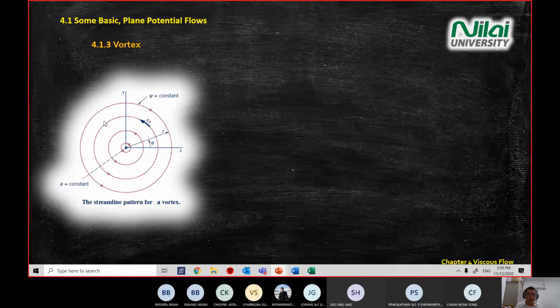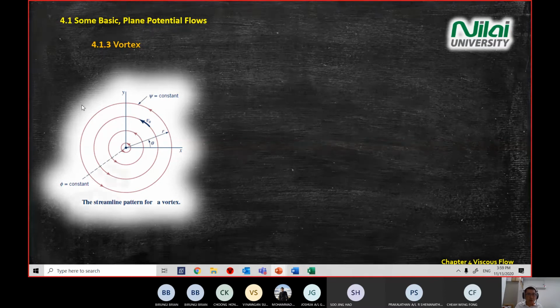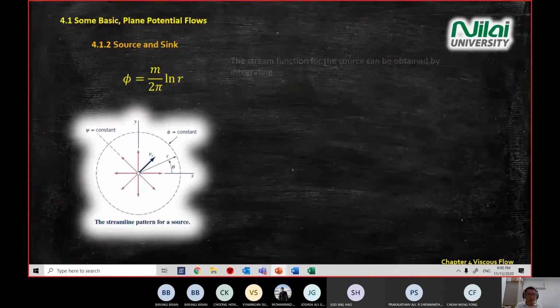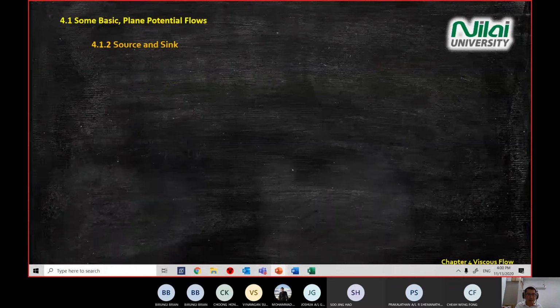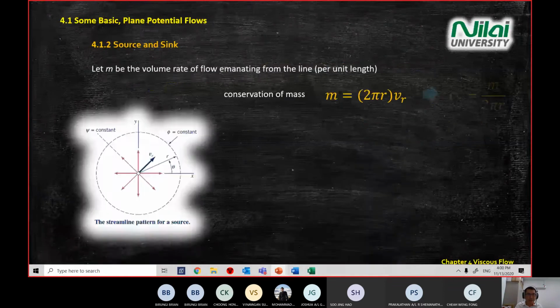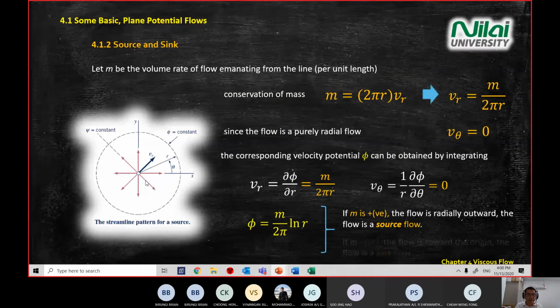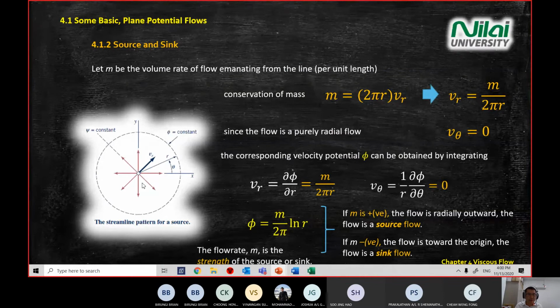If your flow is flowing in a circular form, we call it a vortex. What we learned just now was all radial, where we only have two kinds of flow, either sink or source, depending on the m that we have.